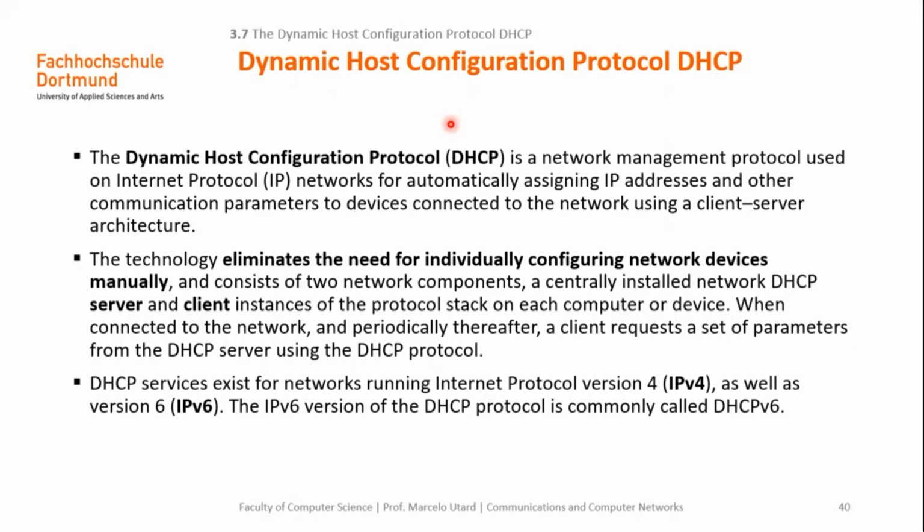When connected to the network and periodically thereafter, the client requests a set of parameters from the DHCP server using the DHCP protocol. The DHCP services exist for networks running IP version 4 as well as version 6. And version 6 of DHCP is commonly called DHCPv6.